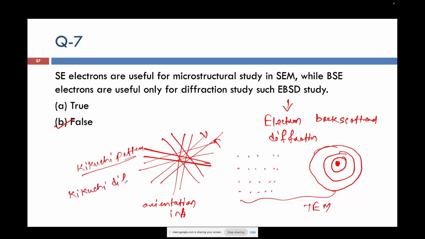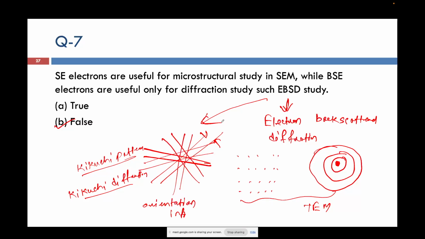We can get this information from SEM as well as TEM, but in SEM the EBSD study heavily depends on whether you are able to get a nice Kikuchi pattern from your material initially. Then only can you go to crystal orientation, and use the orientation image mapping process to see the orientation of the grains in the material.